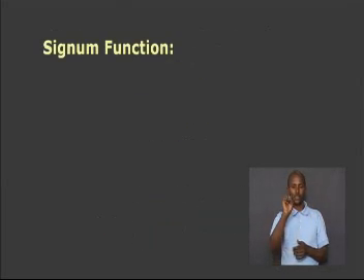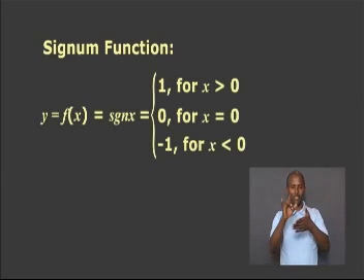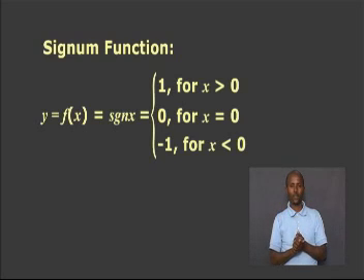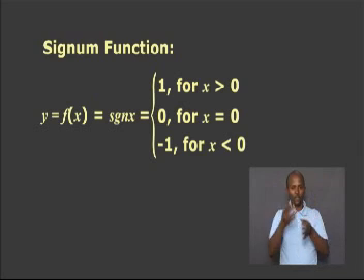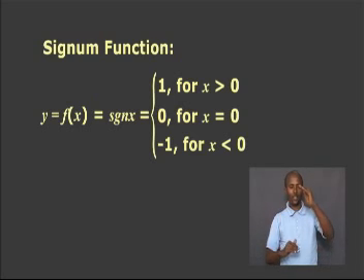A Signum function is defined by this formula. Y equals f of x equals Signum x. This equals 1 if x is greater than 0, 0 if x equals 0, and negative 1 if x is less than 0.